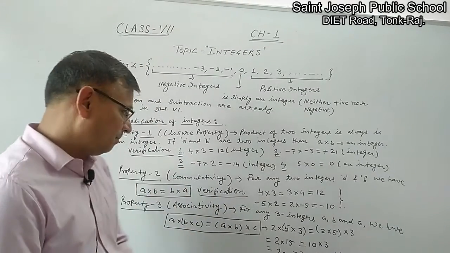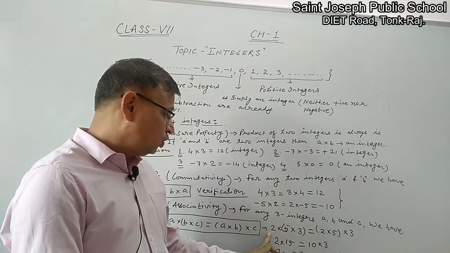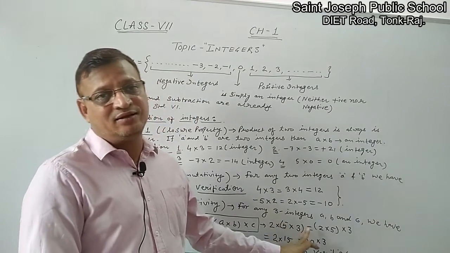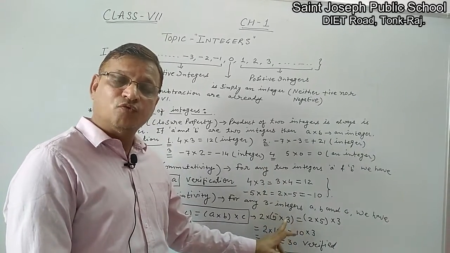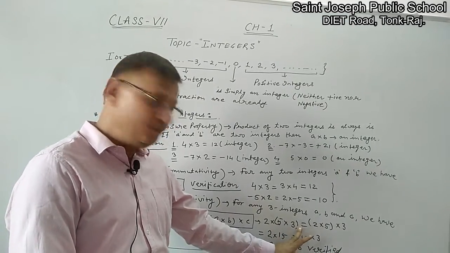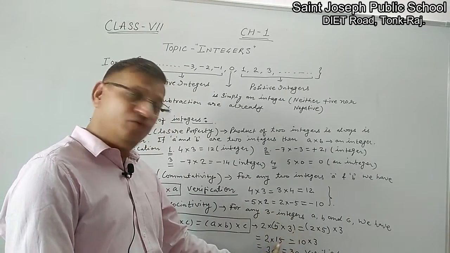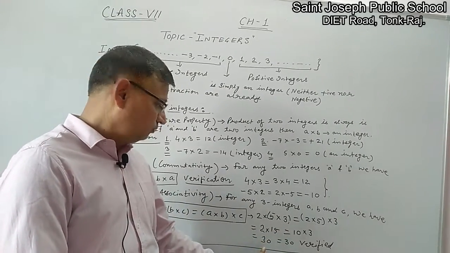Verification. For example, we take three integers 2, 5 and 3. Now 2 into 5 into 3. First we multiply 5 into 3. What is the product of 5 into 3? The product of 5 and 3 is 15 and then 15 multiplied by 2. 15 into 2 equal to 30.